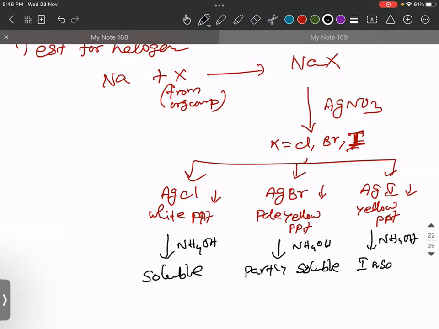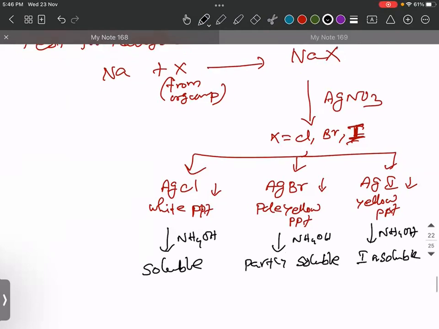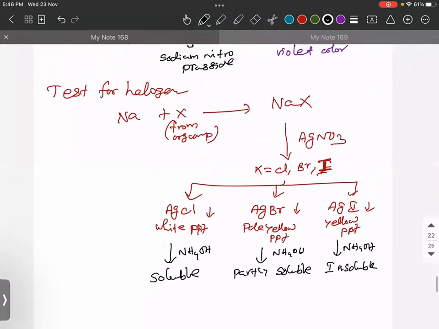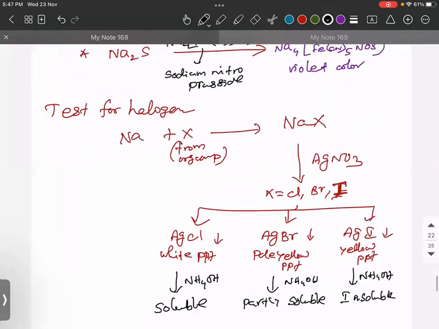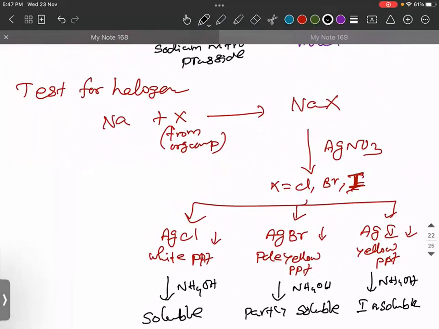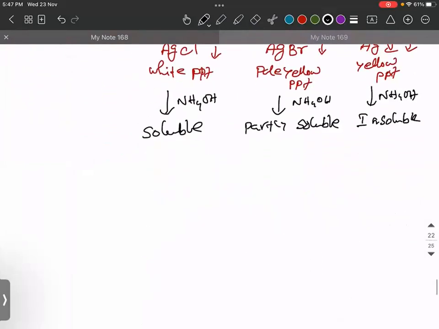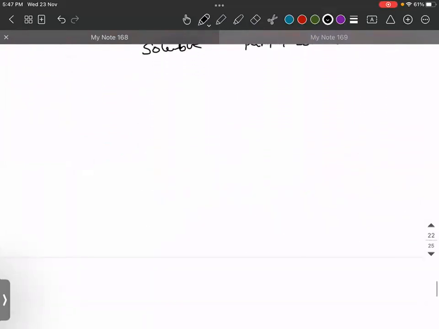If insoluble, it becomes AgI. So from this we can very easily find what halide is in this organic compound, and then the test for phosphorus.